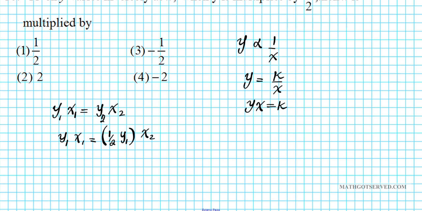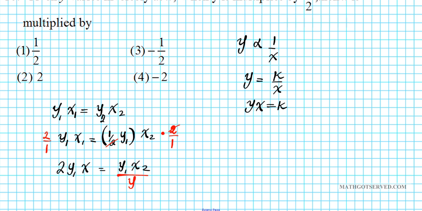But let me show you the steps so you can really understand what's going on here. I want to find what x2 is as a result of multiplying y1 by 1/2. So to isolate x2, I'll multiply by 2 over 1 to cancel out this 1/2. That cancels out, so we have 2y1 x1 equals y1 x2. And then divide both sides by what to get x2 by itself?